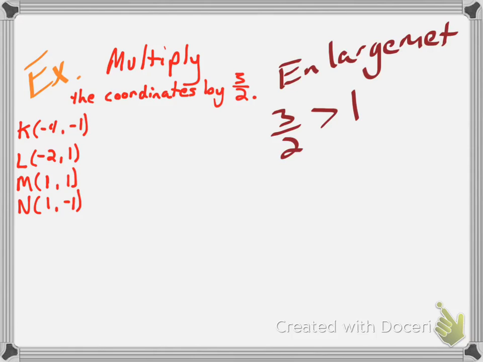Alright, so we're going to take each one of these points and multiply them by 3 over 2. So let's check it out. Let me get my parentheses going here. What's negative 4 times 3 over 2?